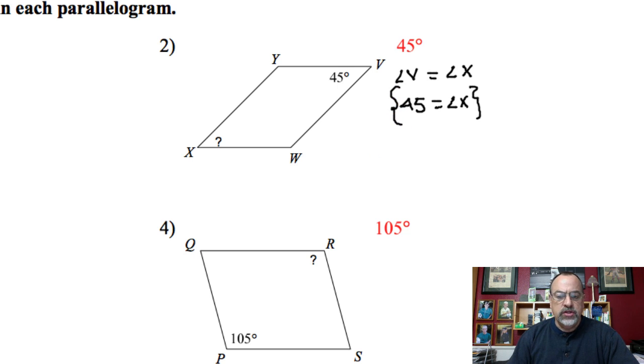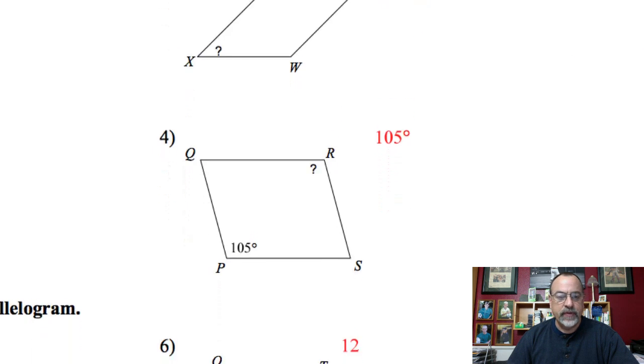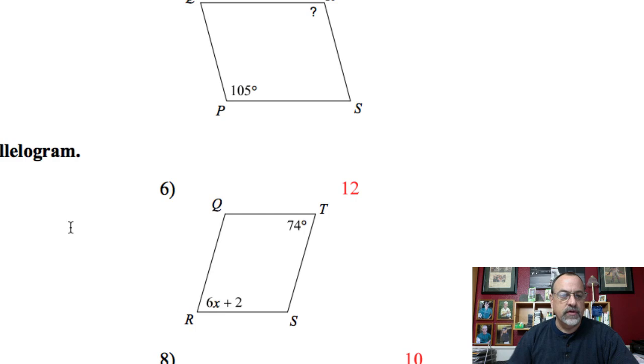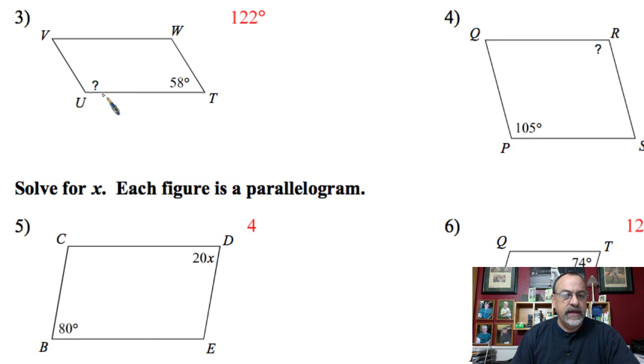Okay, so let's do one more where we have to work with these supplementary, or consecutive, angles, and then we'll move on to something more difficult. So again, in this example, we see that the angle that I know and the angle that I'm looking for are consecutive, and because they're consecutive, they are supplementary, same side interior.